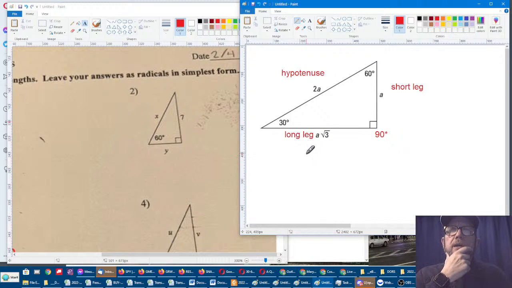And there we got, let's see, A times square root of 3 equals 7.